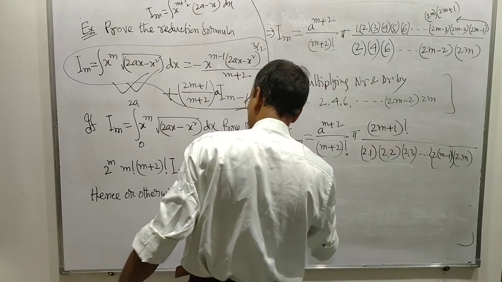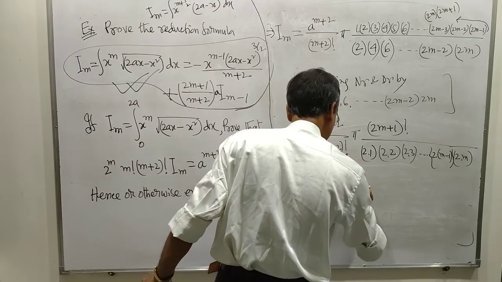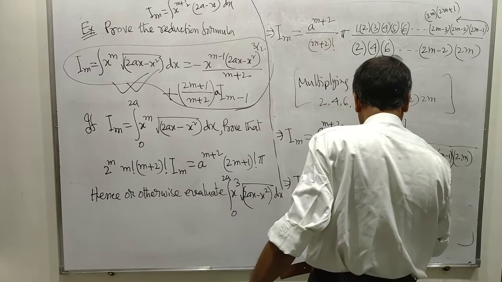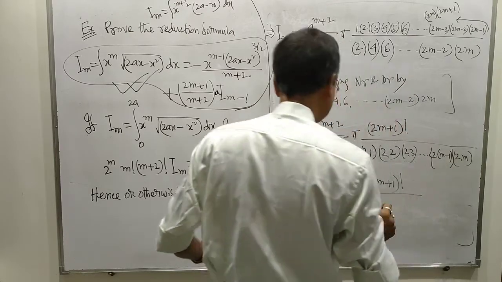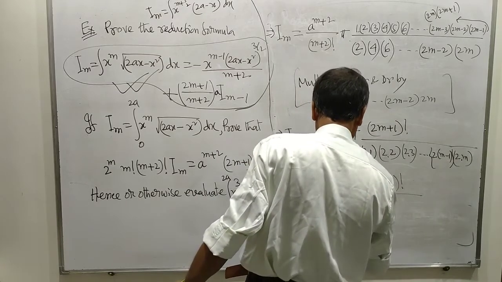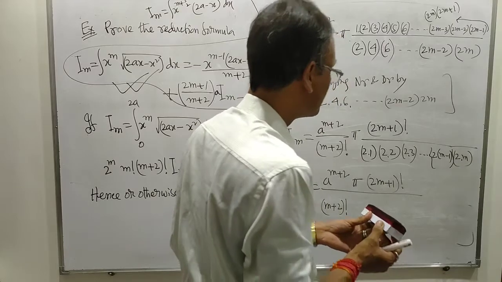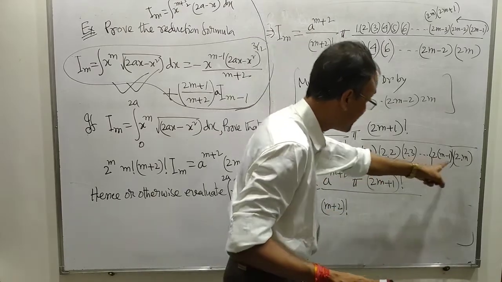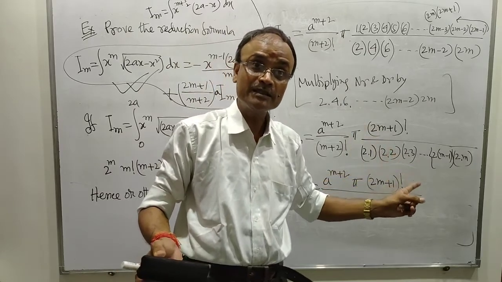This means I is equal to a to the power m plus 2 into pi twice m plus 1 factorial divided by m plus 2 factorial. You see, in every term 2 is multiplied.